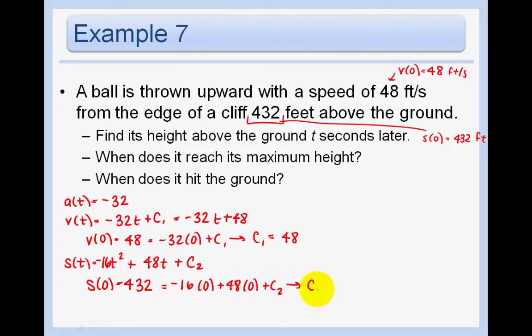In other words, C2 equals 432. And so we have s of t can be given by negative 16t squared plus 48t plus 432. So that's our answer to part A.